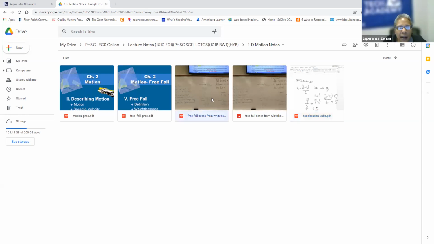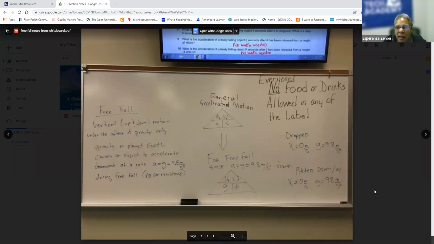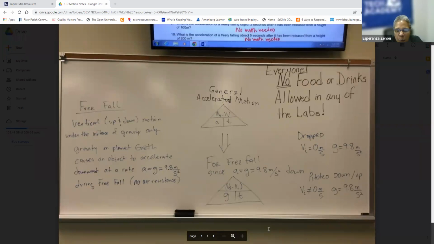Another nice screen that I have for you here looks at the connection between horizontal motion with constant acceleration and free fall. This is a real good visual to help you process free fall.